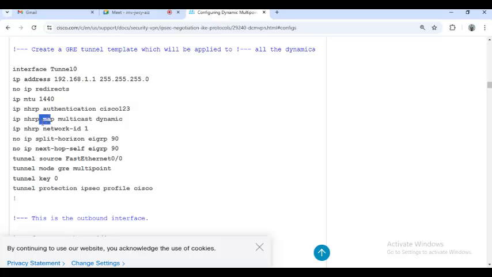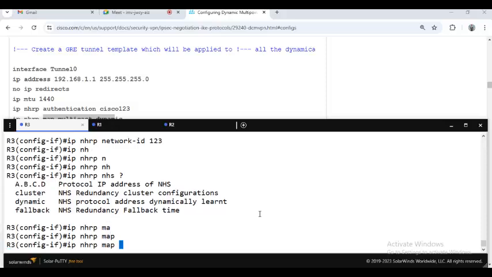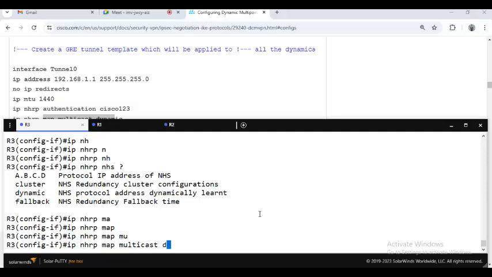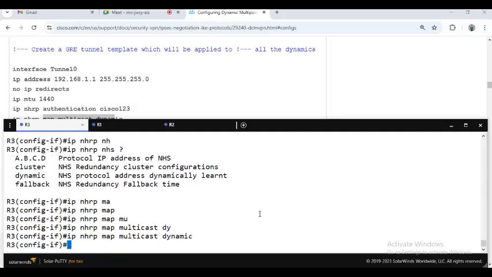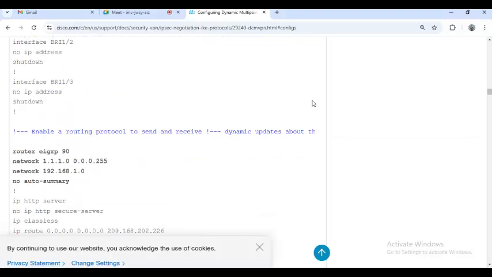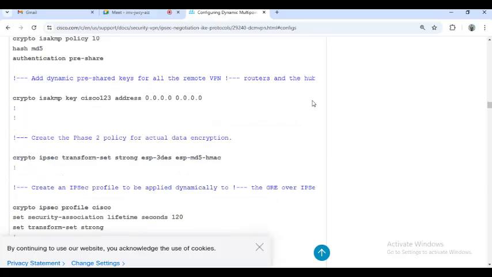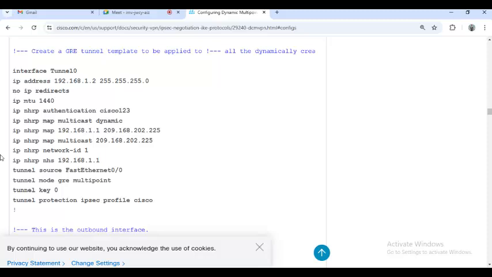Now the equivalent command to this one on the spoke side will have an IP address. On the spoke side, this is the command. On the spokes, this is really not needed. Dynamic is only on the hub. Here we need to give this.